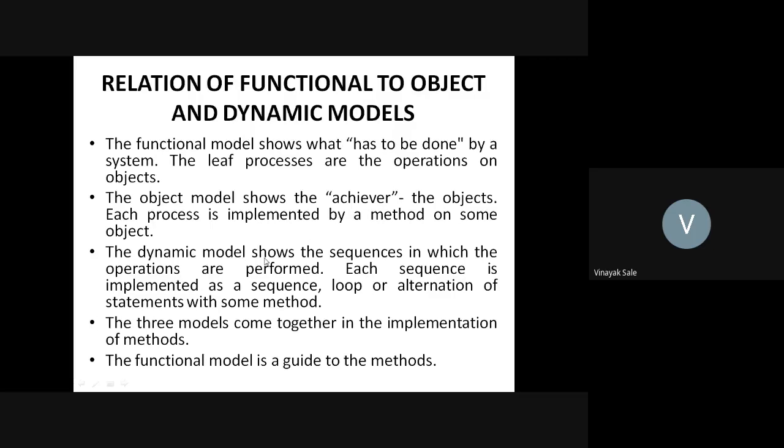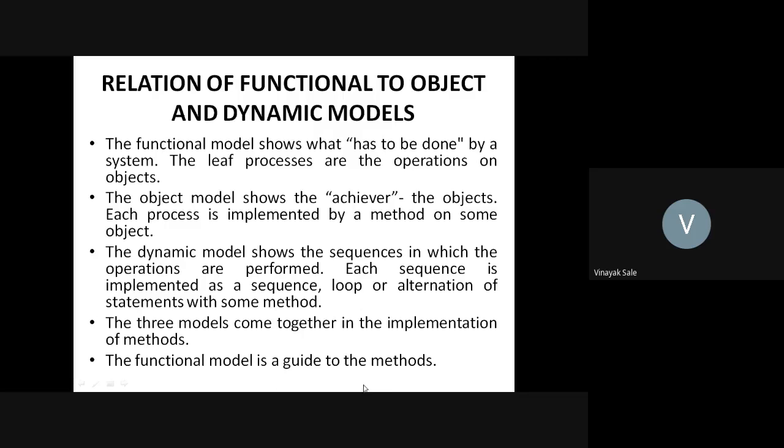The dynamic model shows the sequence in which operations are performed. Each sequence is implemented by a sequence, loop, or alternation of statements within some method. The three models come together in the implementation of methods.